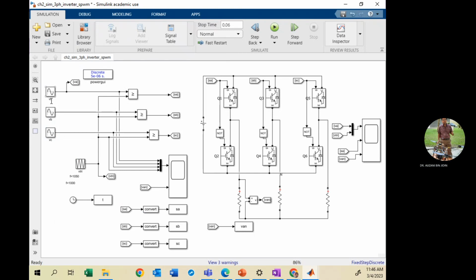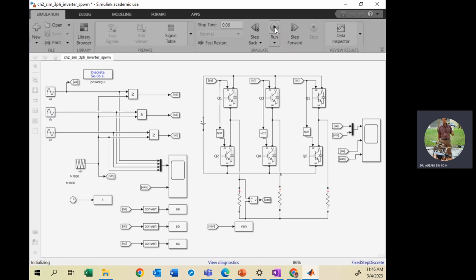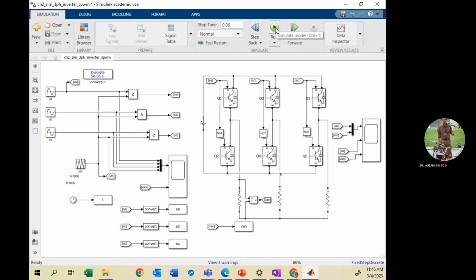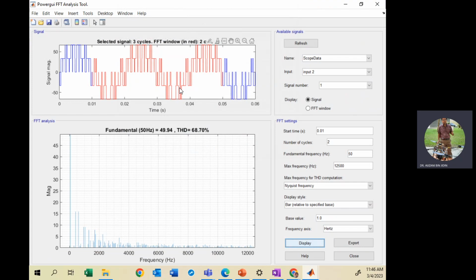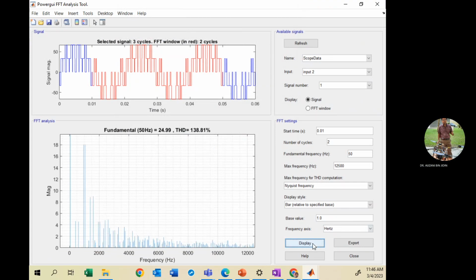Okay. All three modulating signals have the same amplitude of 0.5 volt. Then you need to run the simulation again. Okay, completely run. Then we can see the frequency spectrum. Now you can see the fundamental at 50 Hz is 25 volt.